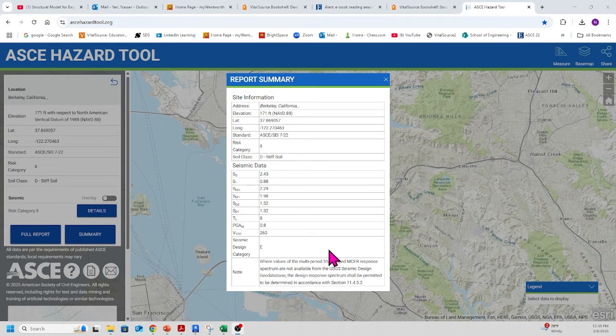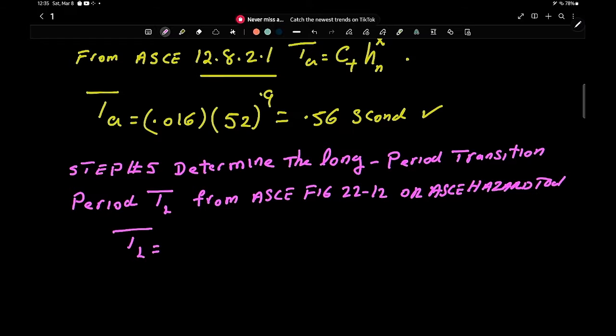So I'm going to write that down. TL is equal to 8 seconds, which was bigger than our Ta, which was equal to 0.56 seconds.